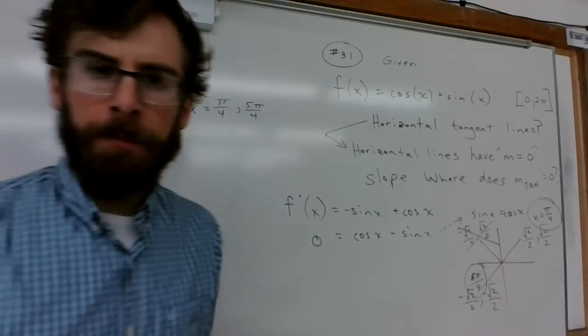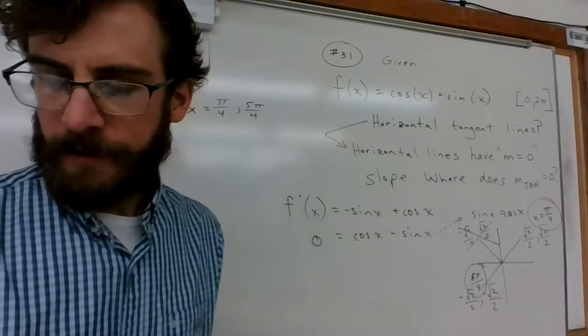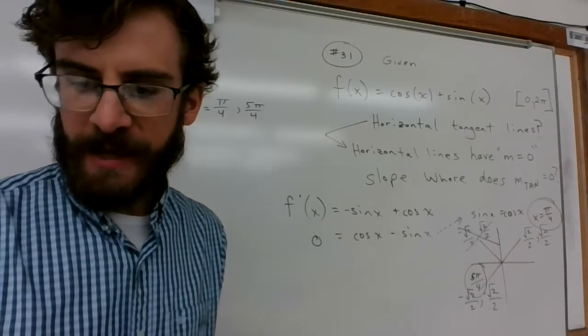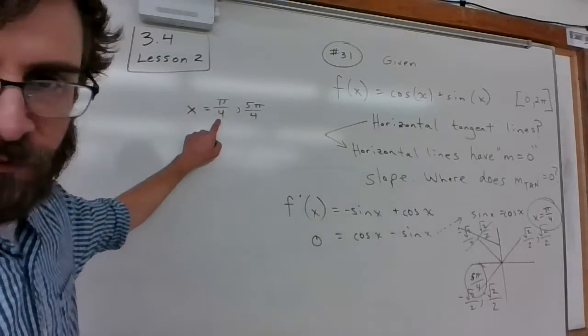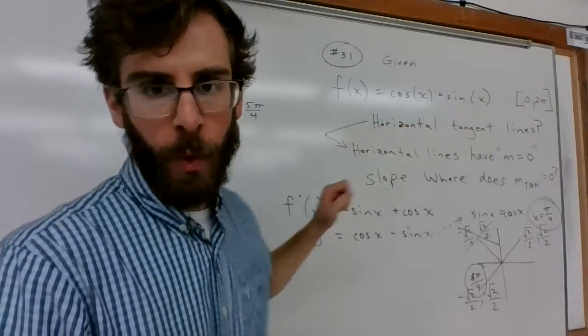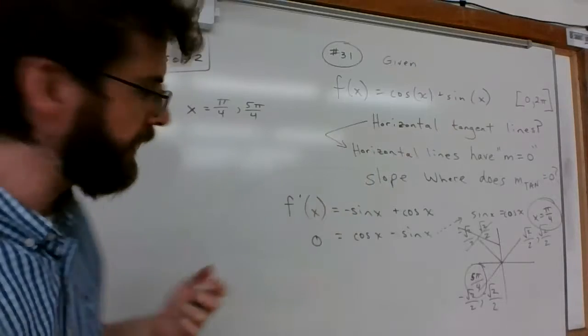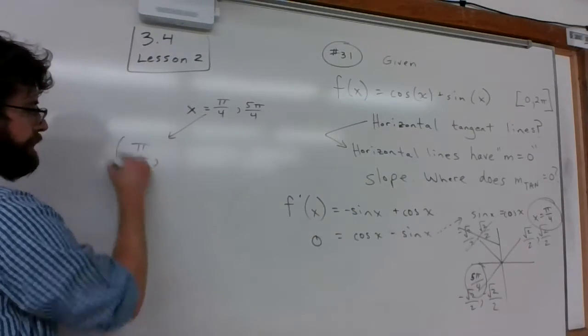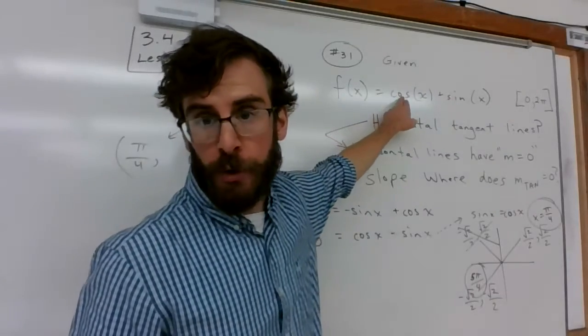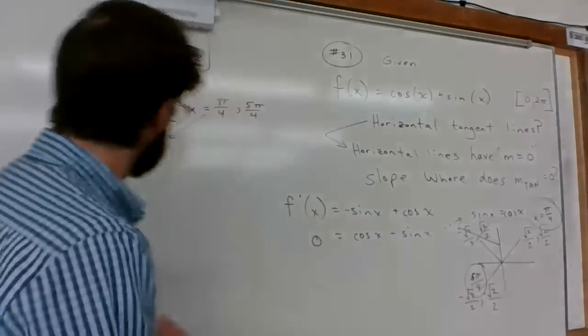And they actually want the points that make the horizontal tangent line. So you'd have to plug the pi over 4 back into the original equation to figure out what the ordered pairs are. So pi over 4, comma, root 2 over 2 plus root 2 over 2.